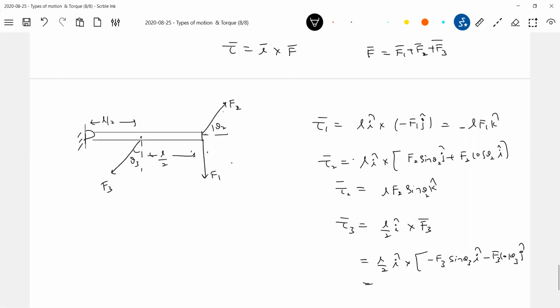Look at now, I cross I will be 0, I cross J will be K. So minus L by 2 F3 cos theta 3 K cap. Then what is the resultant torque? Tau 1 plus tau 2 plus tau 3.